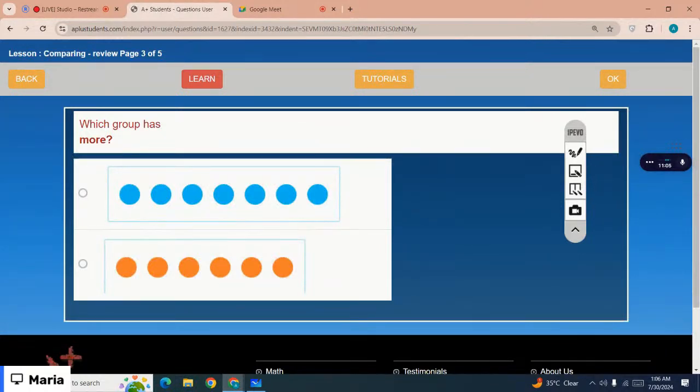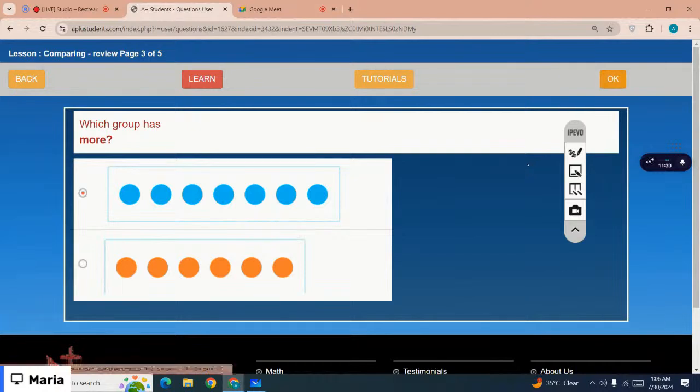Which group has more, blue or orange? Which is the correct option? The blue group has more, right?